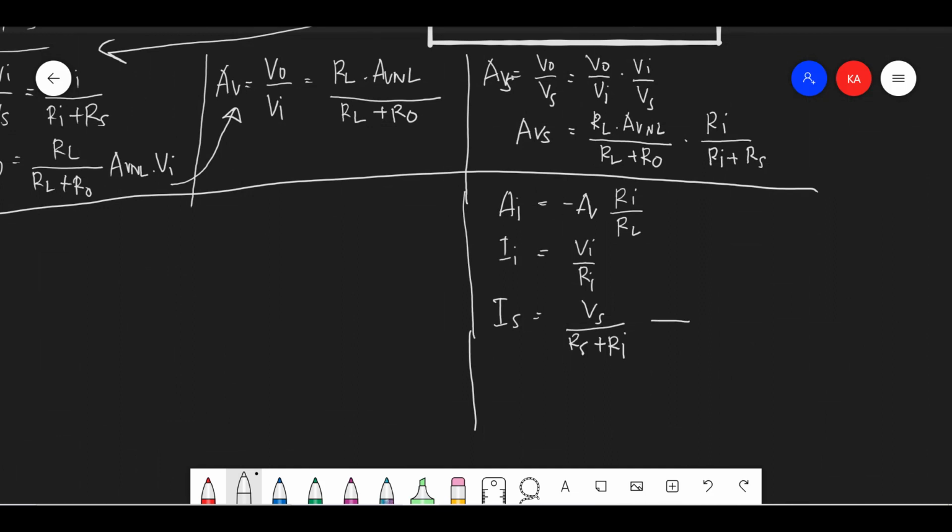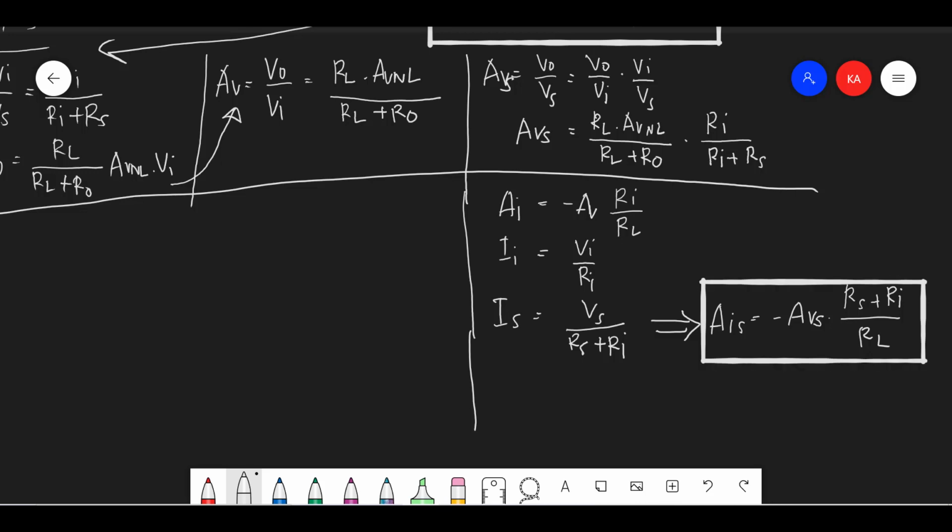So we can write AIS is minus AVS times Rs plus Ri per RL. So this is the total current gain.